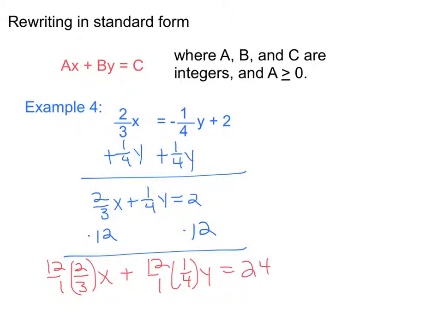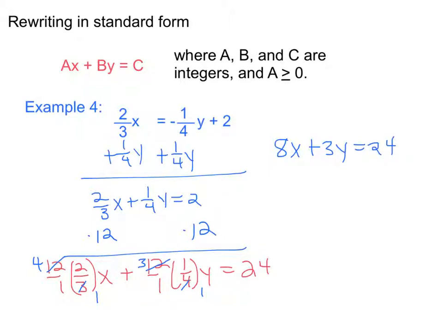So we get 4 and 1, because divide each by 3, and 3 and 1, divide each by 4. And then we have to multiply the numerators, the denominators are just 1, which is what we wanted. So we've got 8x plus, and then we have to multiply this one, would just be 3, y equal to 24.